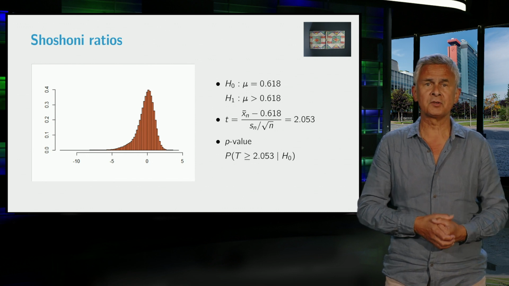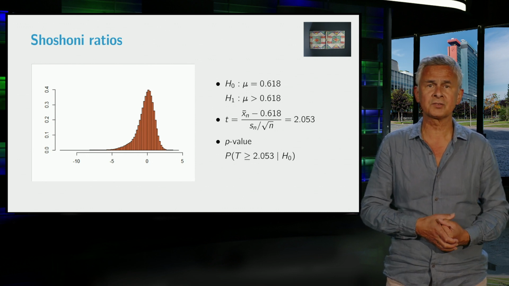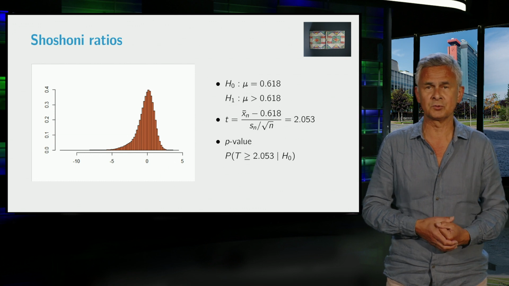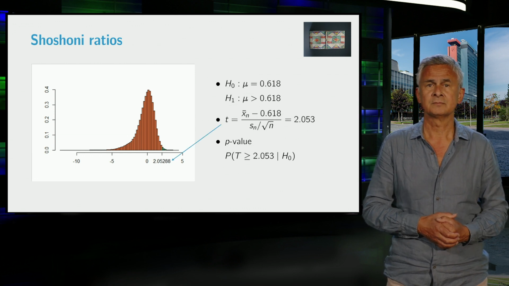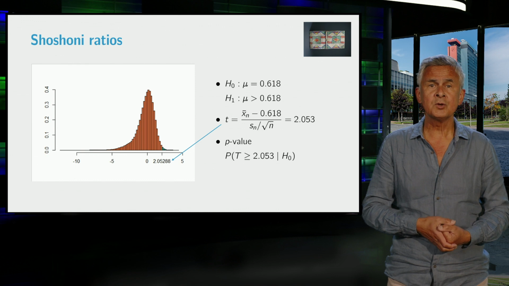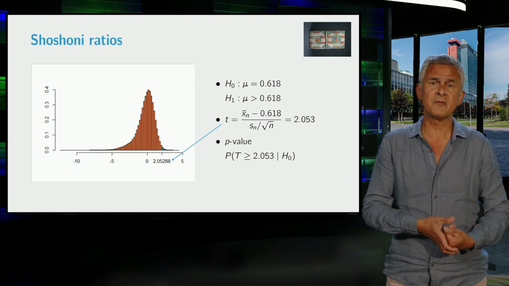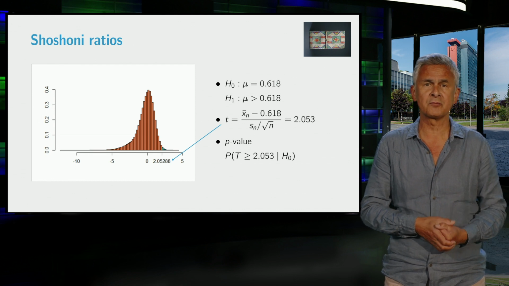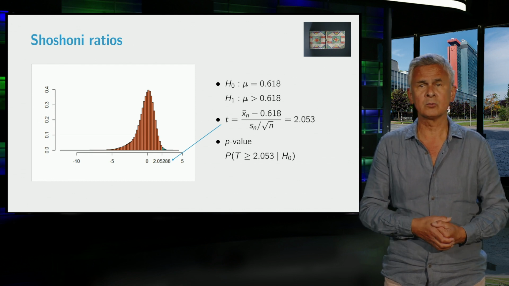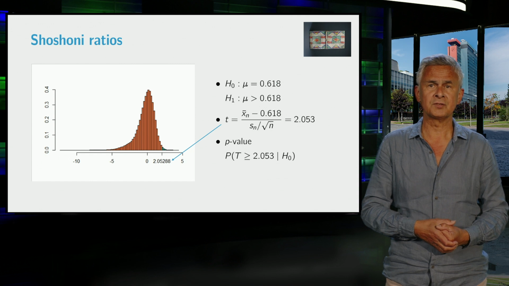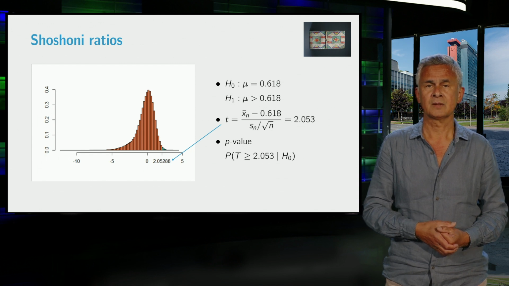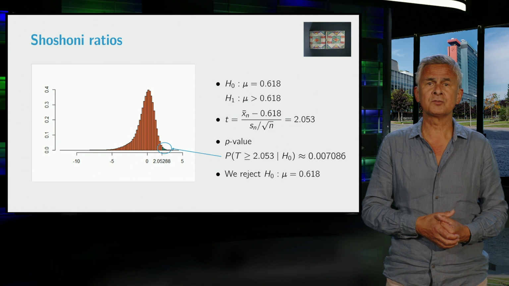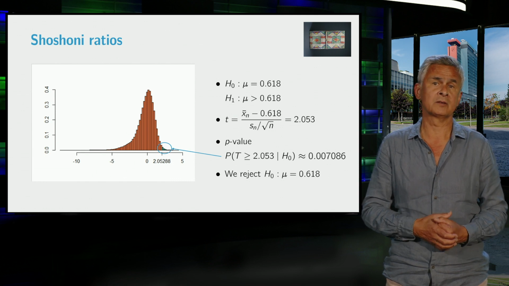Now, the distribution of the test statistic under the null hypothesis is the same as that of the studentized mean. Therefore, we can use the 1 million studentized mean values to approximate the p-value by computing the proportion of values greater than or equal to 2.053. And this time we find about 0.0071.